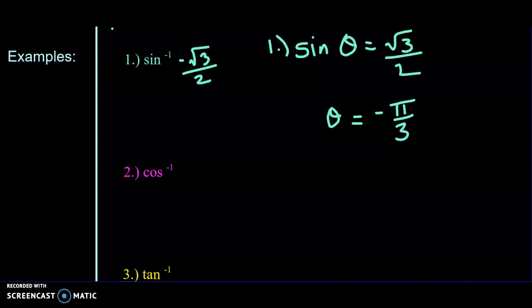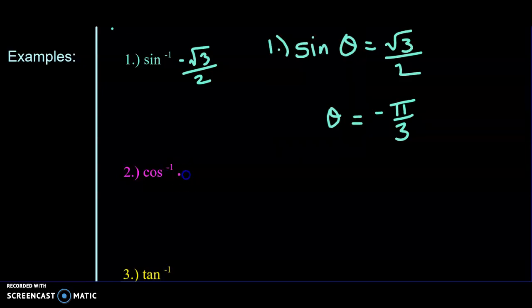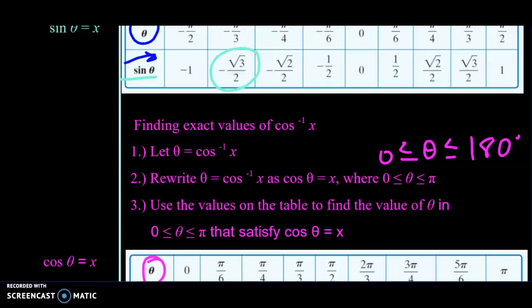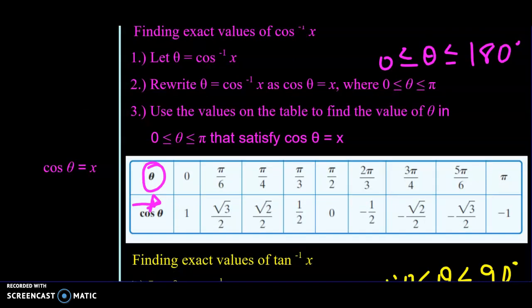Let's do one with cosine inverse. So I have the cosine inverse of negative 1. First step, we rewrite it as cosine theta equals negative 1. Go to our table with cosine, and we're looking for negative 1.